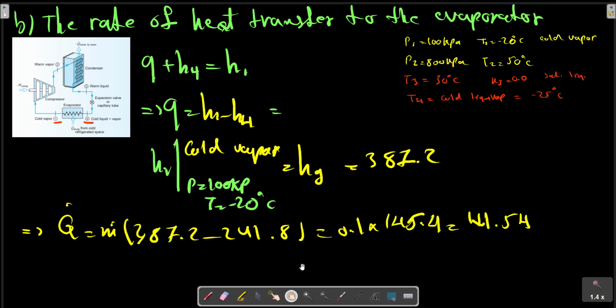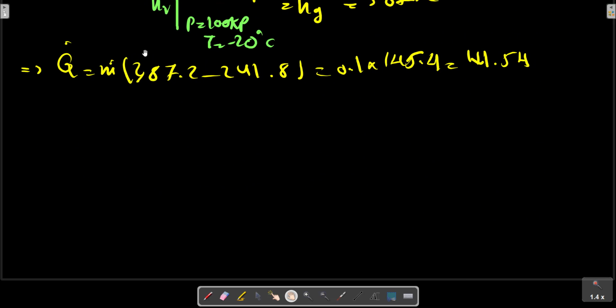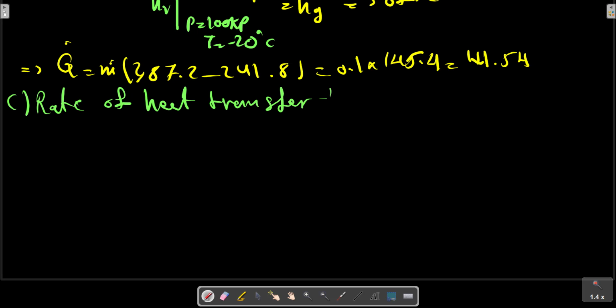And part C, calculate the rate of heat transfer from the compressor. Again, consider the picture.